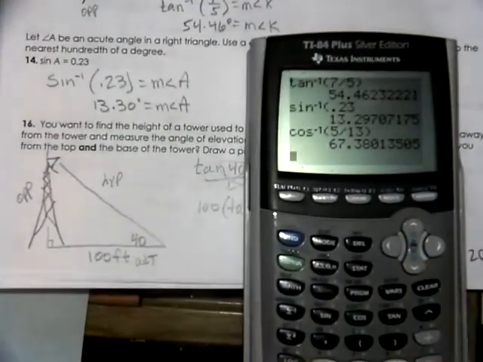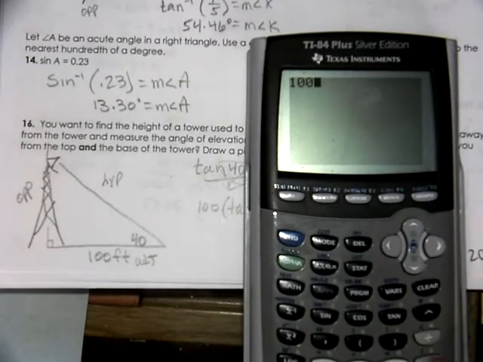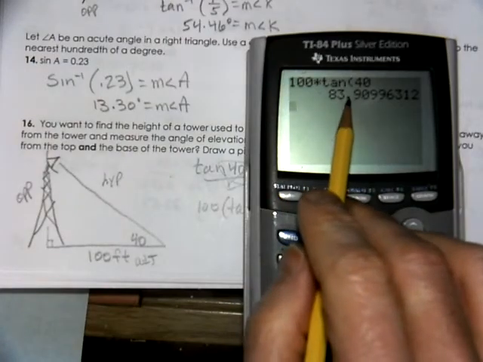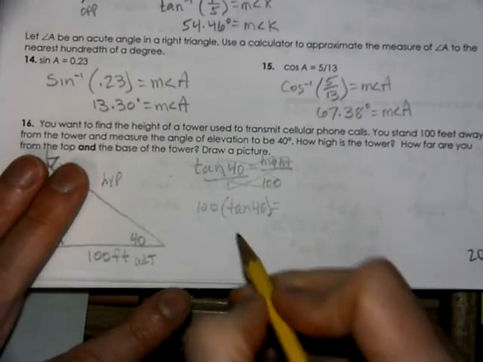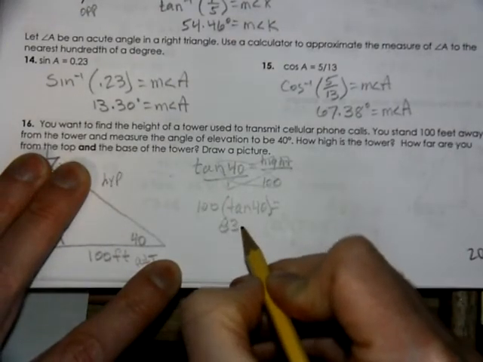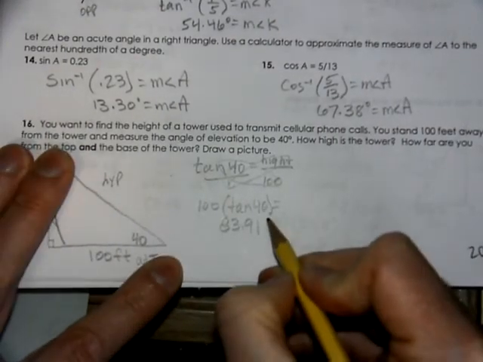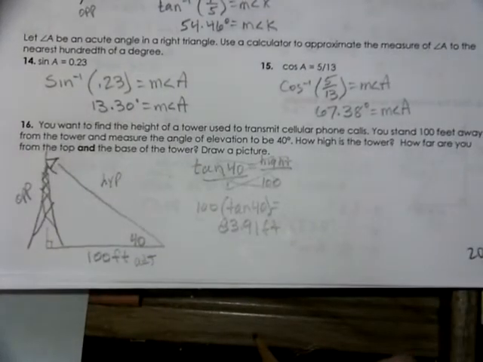So take 100 times the tangent of 40, and we find out that that is 83.91. And those are feet. Okay, that's how high the tower is.